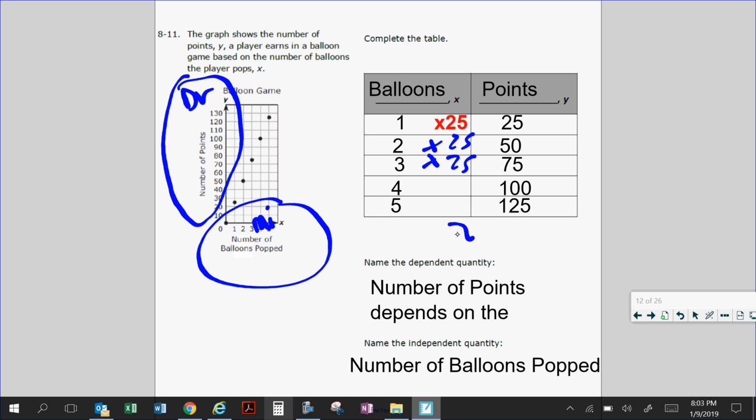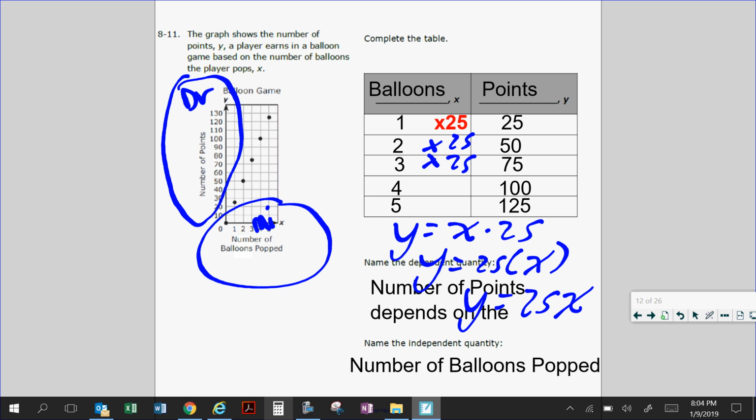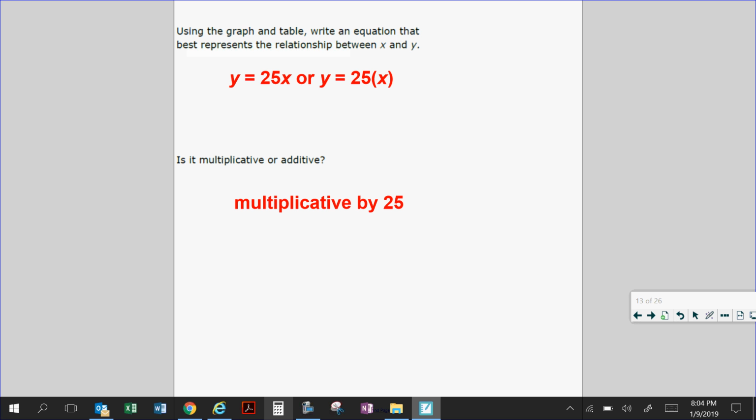X. So it's x times 25, and it equals points. So y equals x times 25. What is a better way of writing this equation? Y equals 25 groups of x, or y equals 25x. And this relationship is multiplicative. We are multiplying the balloon numbers by 25 to get the points number.